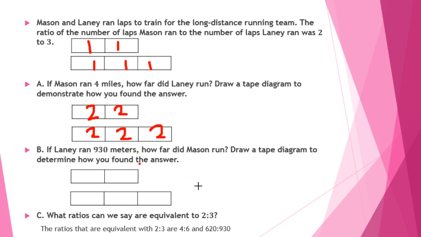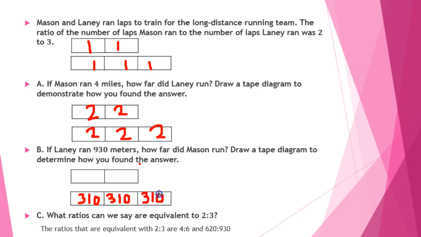Now if Laney ran 930 meters, how far did Mason run? If I'm looking at my tape to demonstrate Laney's run, which is 3 pieces, I'd have to divide 930 by 3 to get 310. So each piece is representing 310.